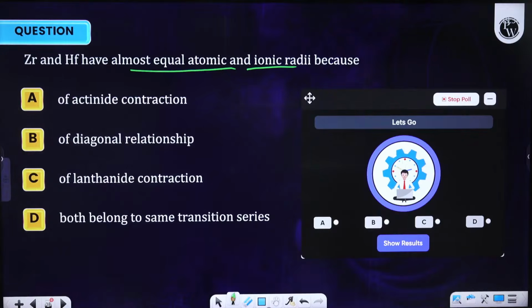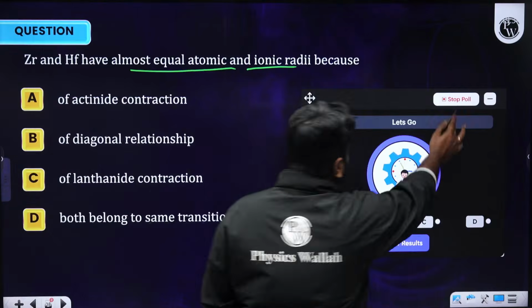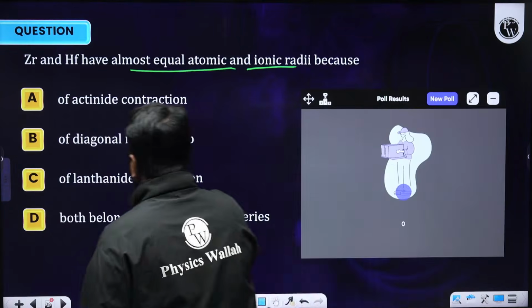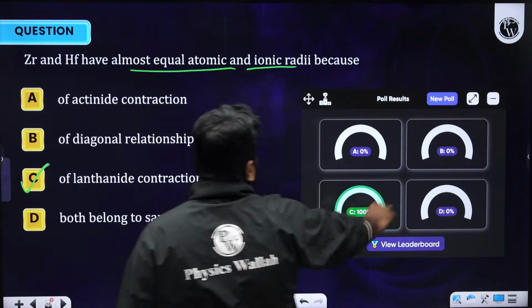Because of what? Exactly. Direct question, very simple question. We know very well it is due to lanthanoid contraction.